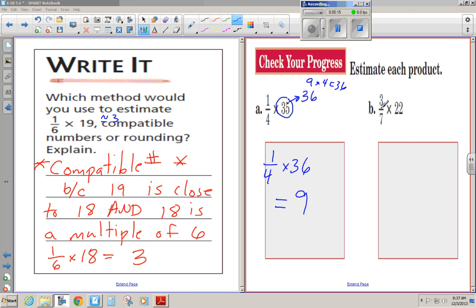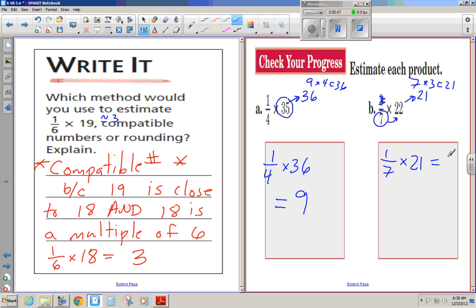All right, now in part B. Well, we're looking at the 7 and the 22. 22 should be converted to 21 because 7 times 3 is 21. So, in the example we just did, let's forget about the 3 for a minute and just think of what is 1/7 times 21.